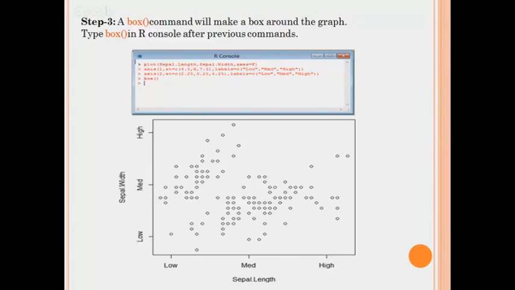The plot command is run first, the axis command is run, and then at the last I am drawing the box. After plotting the graph, it is followed by the box command. Sometimes we make a very silly mistake that we run the box command first and we are looking for where it is. Nothing is coming. So first you plot the things, add the axis, and then you bound it with a rectangular box. That will be done using the box command.